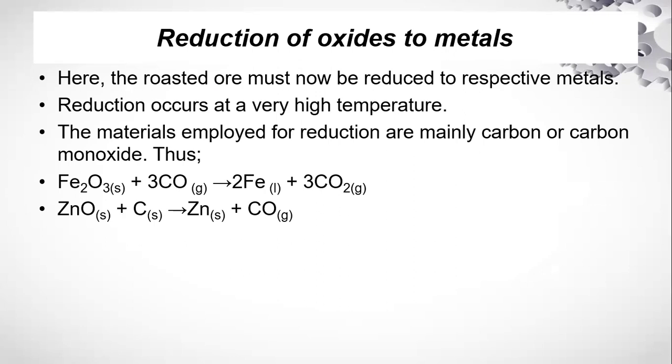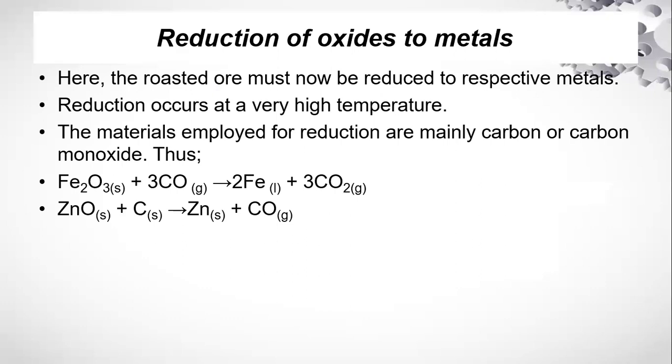Here, the ore that was roasted in the second stage must now be reduced to the respective metals, and the reduction occurs at very high temperatures. The materials that are employed for the reduction process are mainly carbon or carbon monoxide. So let's take an example when you're trying to extract iron from the ore, such as iron trioxide: iron trioxide plus carbon monoxide gas results in iron plus carbon dioxide gas.